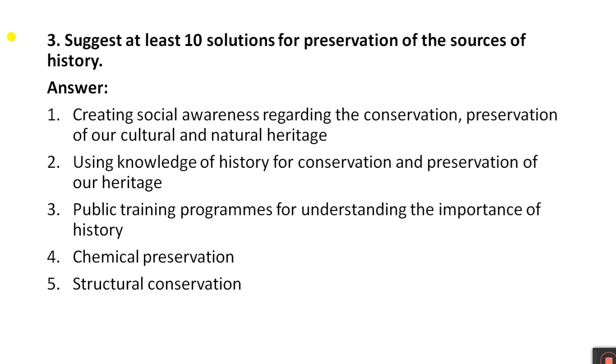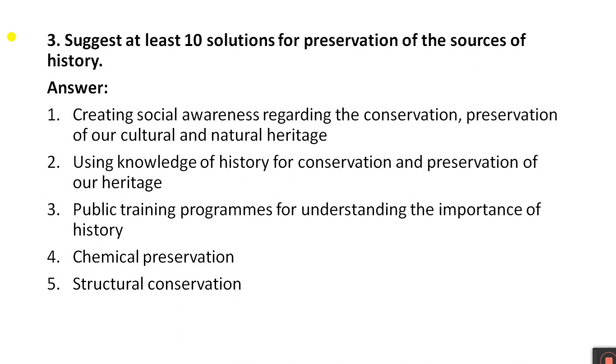Third question, suggest at least 10 solutions for preservation of the sources of history. Answer. First one, creating social awareness regarding the conservation, preservation of our cultural and natural heritage.